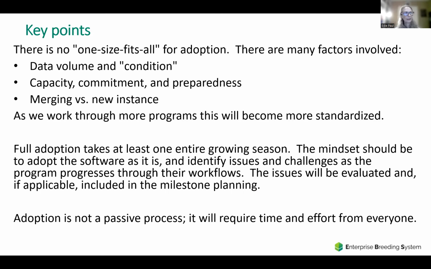Is it in a coherent legacy system, or is it in a bunch of Excel spreadsheets on all the different breeders' laptops? Also, the capacity, the commitment, and preparedness of the adopting program, and whether you are merging into an existing instance, so a shared instance with other institutions, or whether you're going into a new instance. So all these things affect how long the process will take.